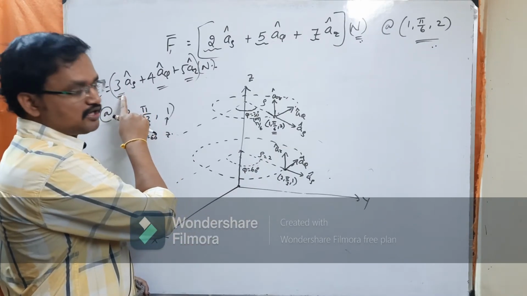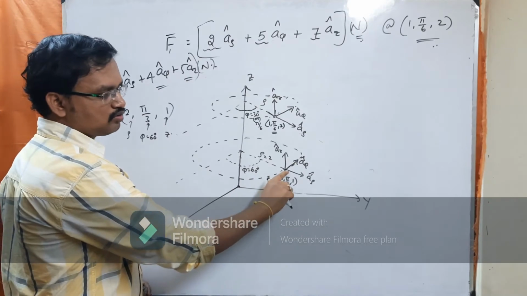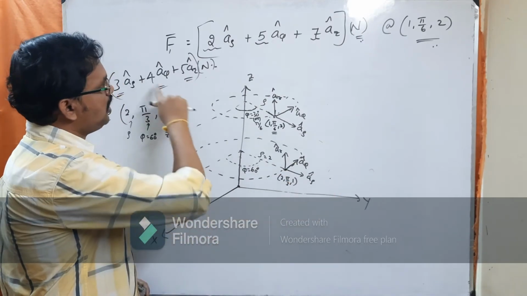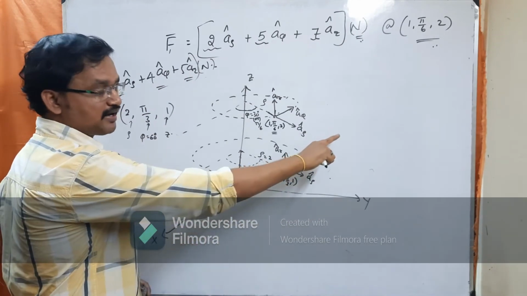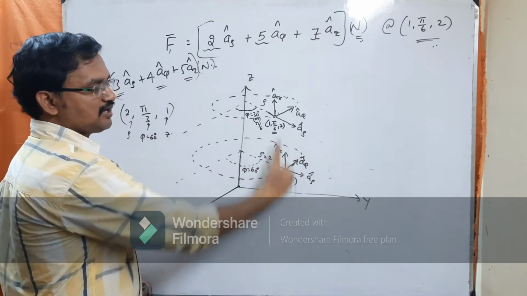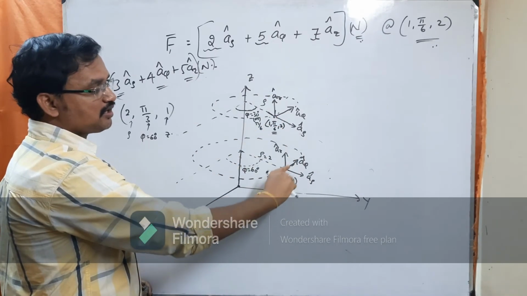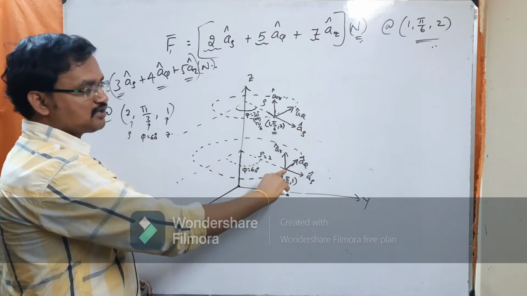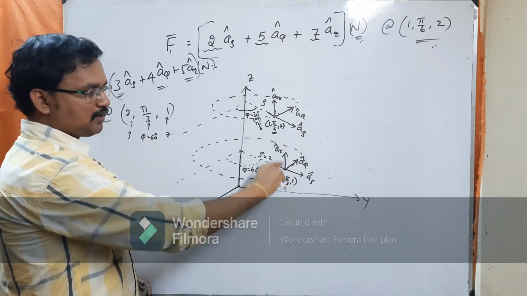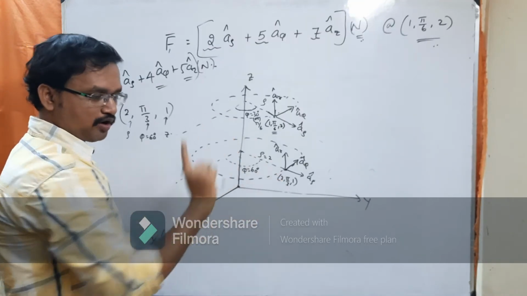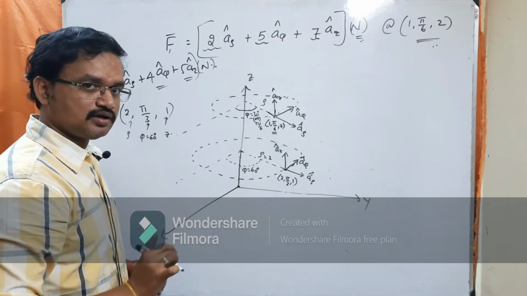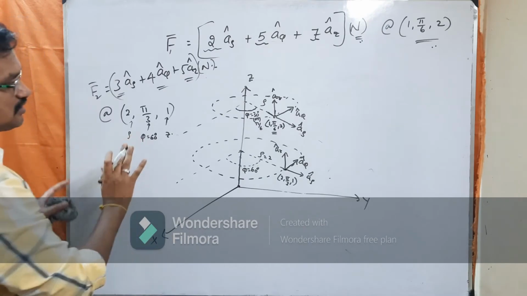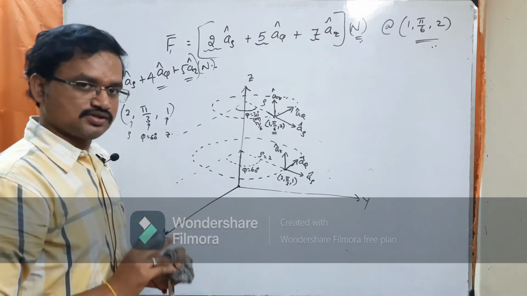You have to move 3 units along a rho cap direction, 4 units along a phi cap direction and 5 units along az cap direction. Then the resultant is some vector. Yes or no? That vector is neither along a rho cap, nor a phi cap, nor az cap at this point. So this is how you have to represent the vector in cylindrical coordinate system.